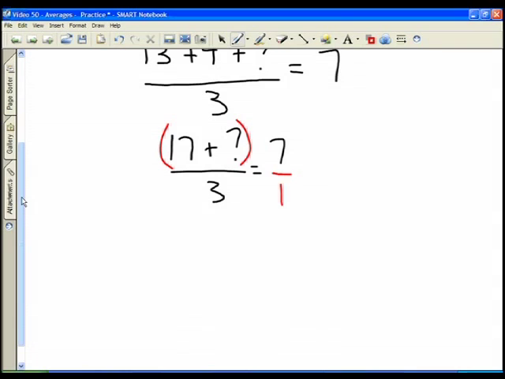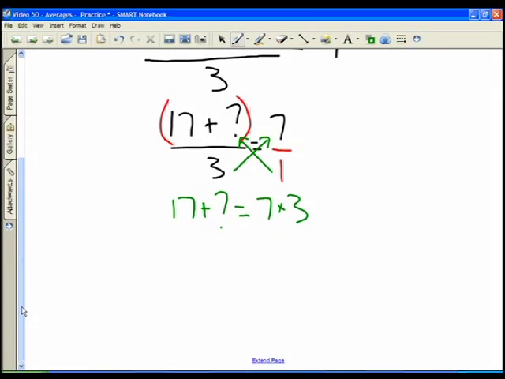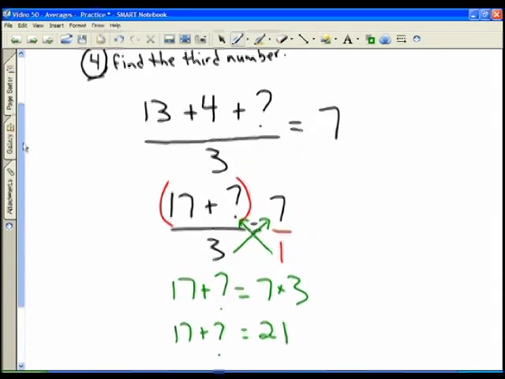And I'm going to put a denominator of 1. And now I can cross multiply bottom to top, and I get 17 plus some number is equal to 7 times 3. 7 times 3 is 21.